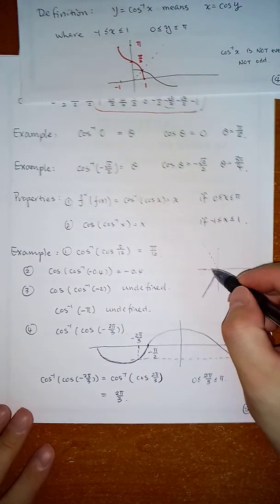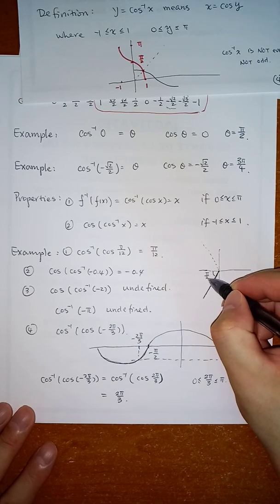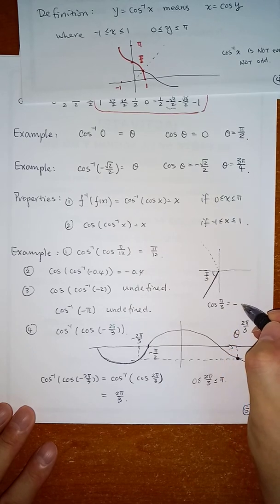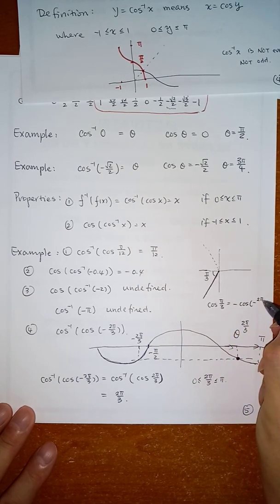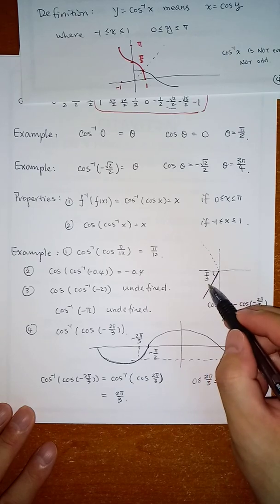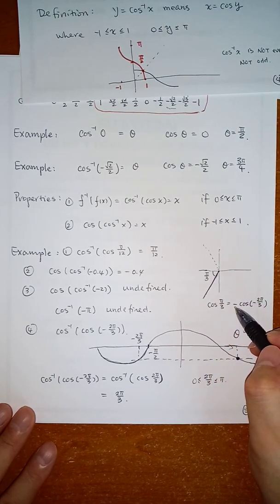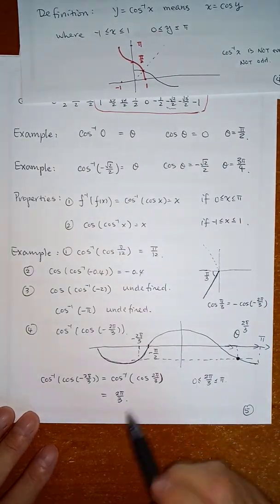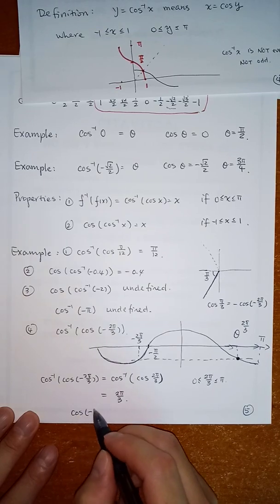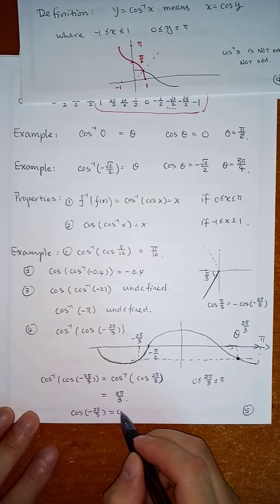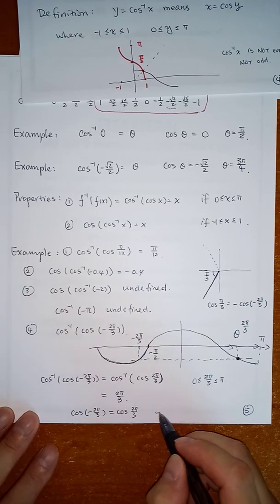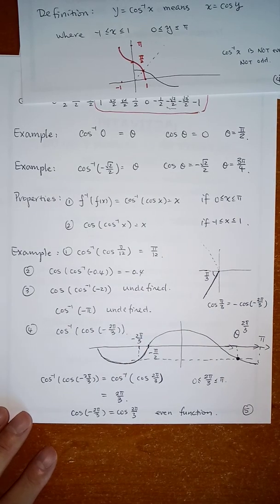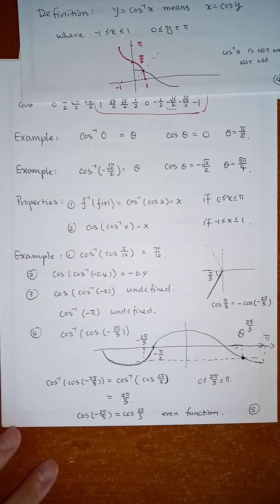The reference angle is pi/3, and -2 pi/3 is in the third quadrant, where cosine is negative, so you have a negative sign. That's bad, so we use the even property, cosine is an even function.